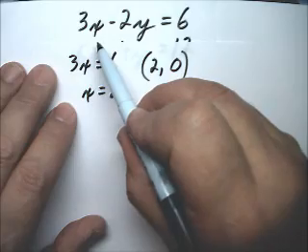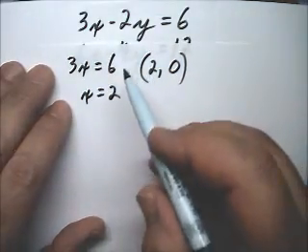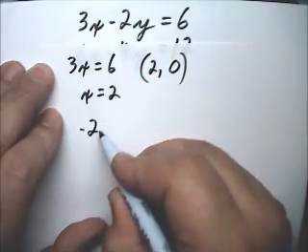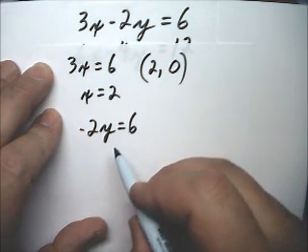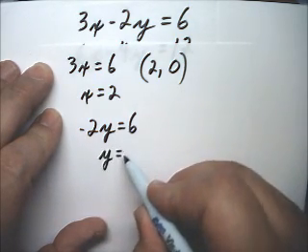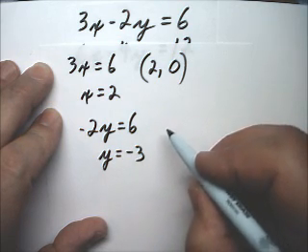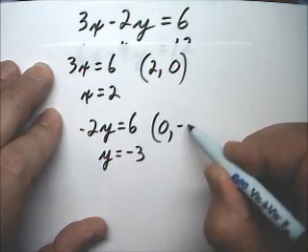And if x is 0, then y is negative 3. If x is 0, then I'd have negative 2y equals 6, and when you divide both sides by negative 2, you end up with y equals negative 3. So here I have the point (0, -3).